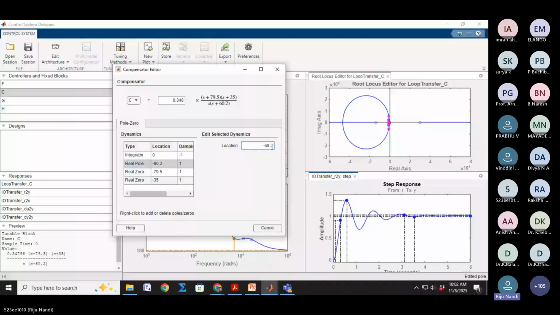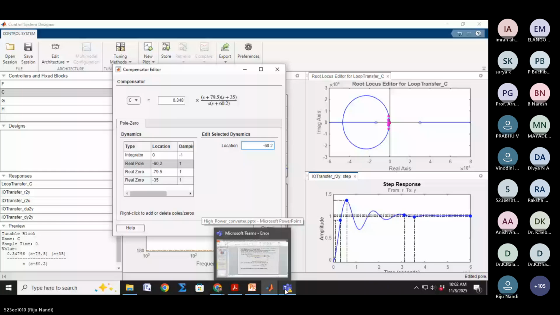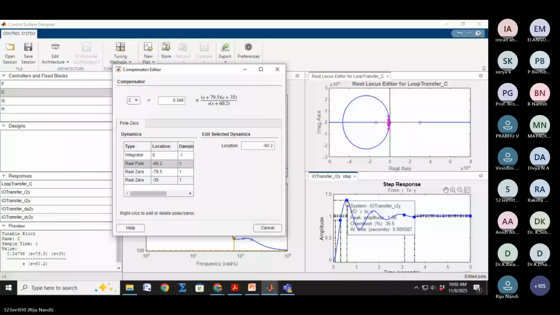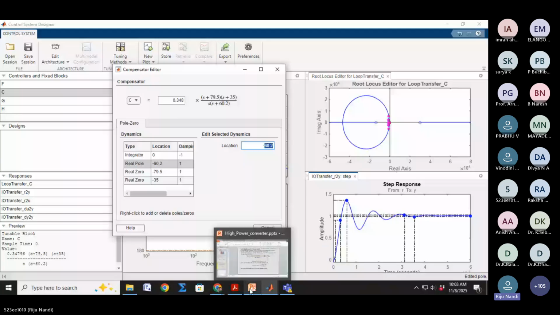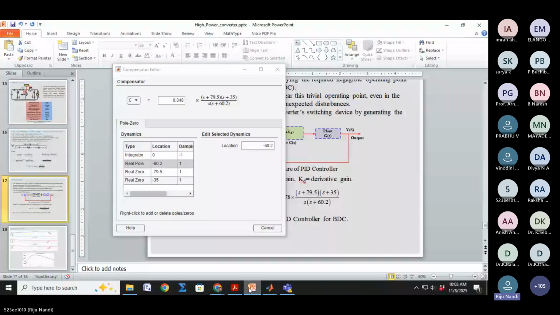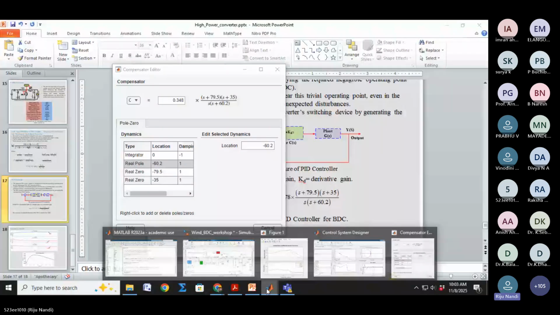Sorry, not 16.2. The zero, sorry, is 35. Oh, okay.